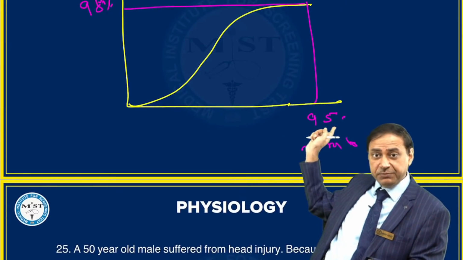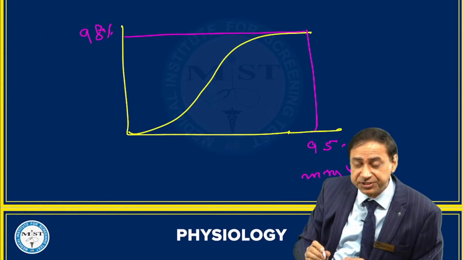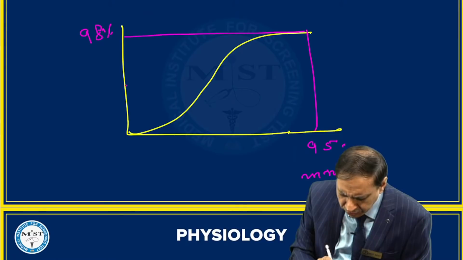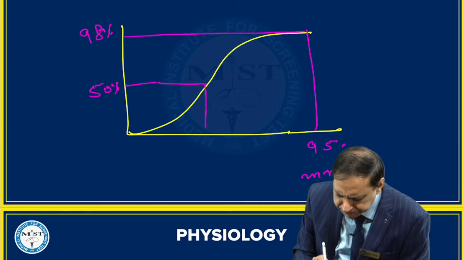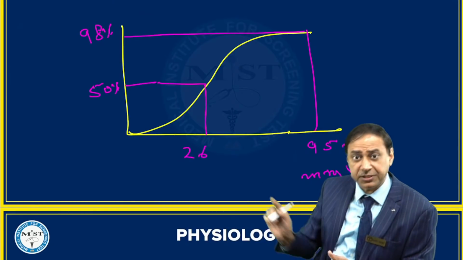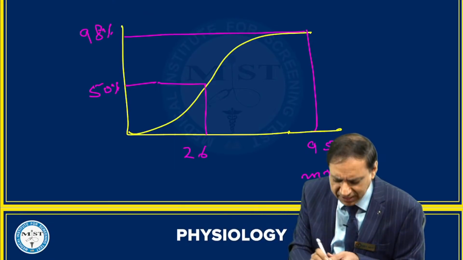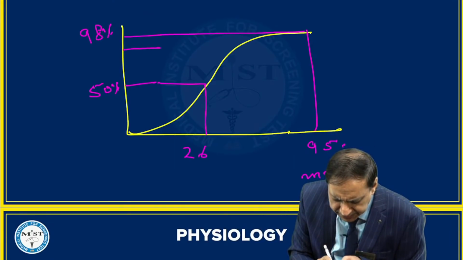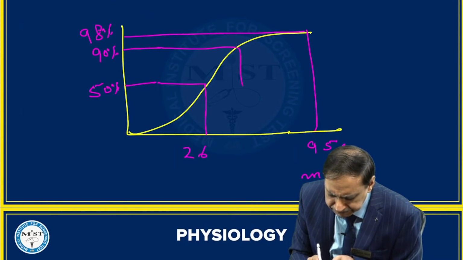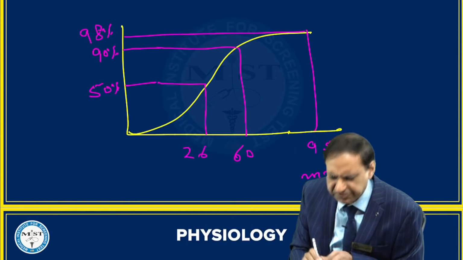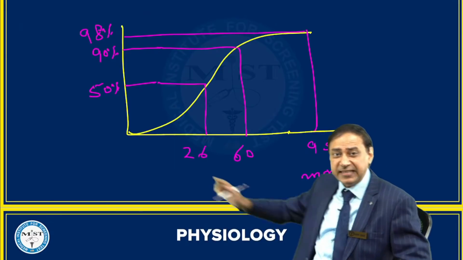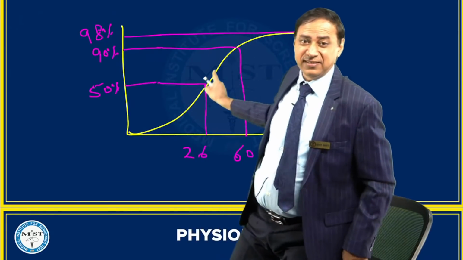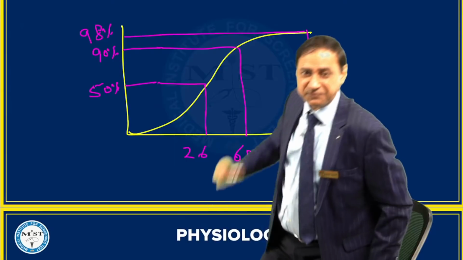At 95 millimeter of mercury, it is 98% saturation. I have already told you it is 50% saturated at 26 millimeter of mercury. The question asked here: in COVID pneumonitis, it is 90% saturated at 60 millimeter of mercury.